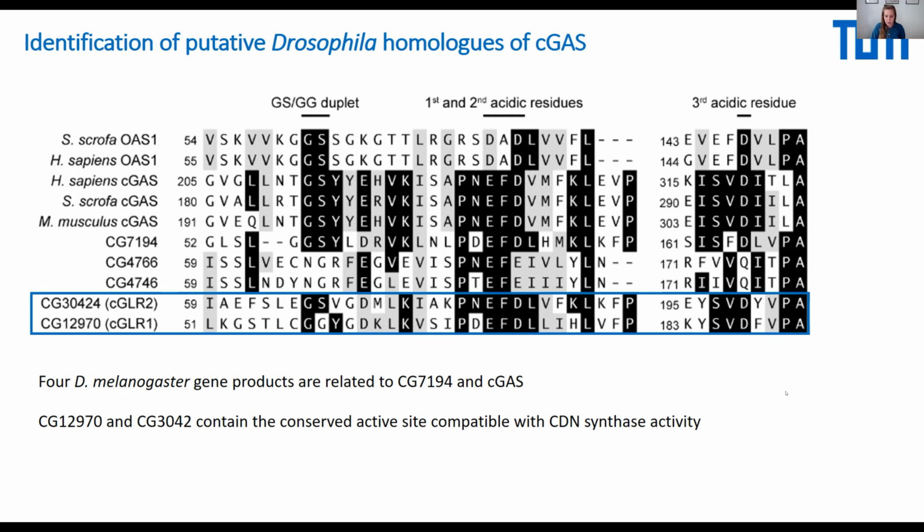So those were the ones that were continued with, and for simplicity, so we don't have to say a lot of numbers, they have been called CDLR2 and CDLR1, for cGAS-like receptor 1 and 2. Very simple.